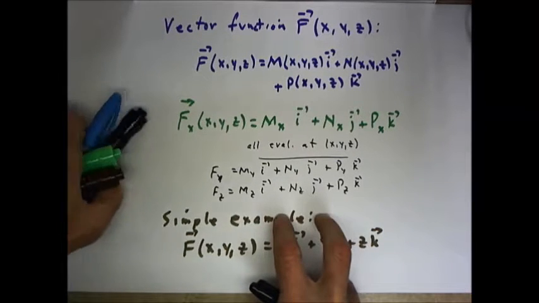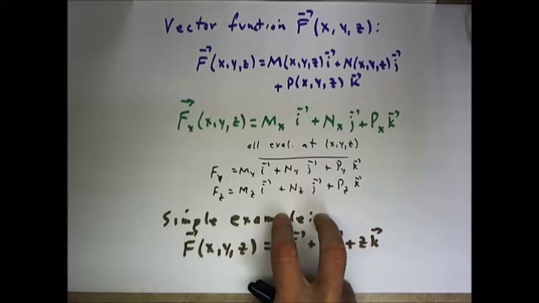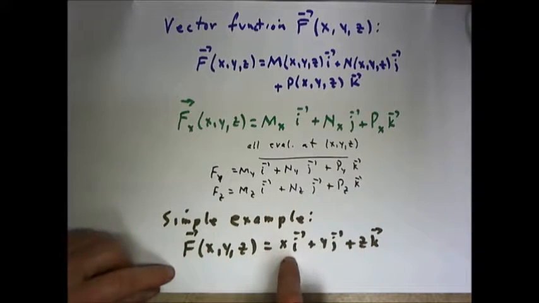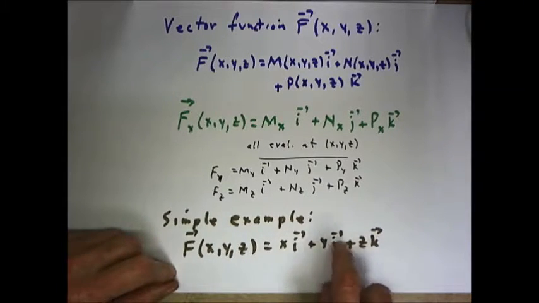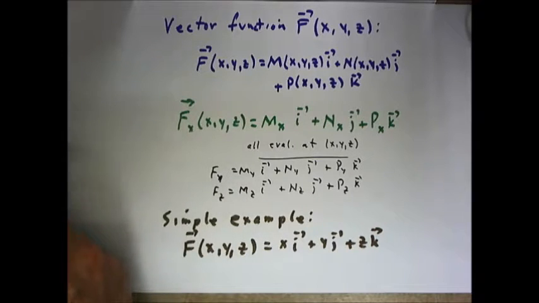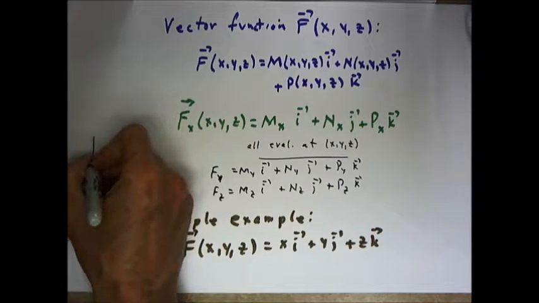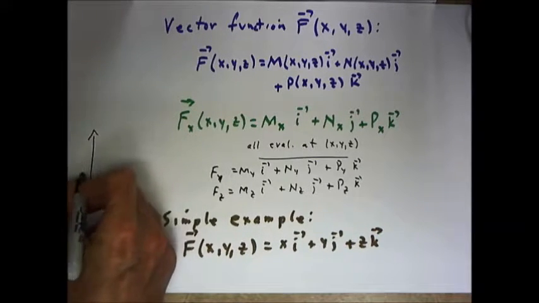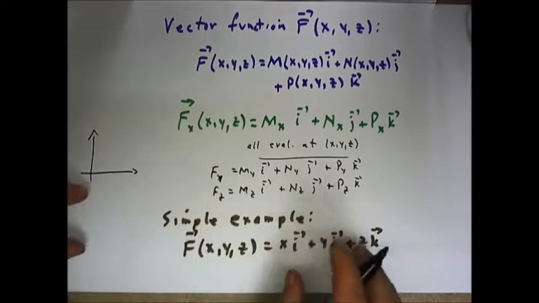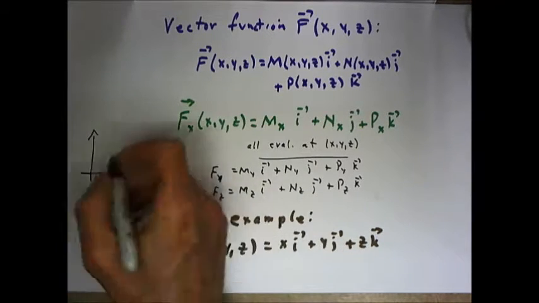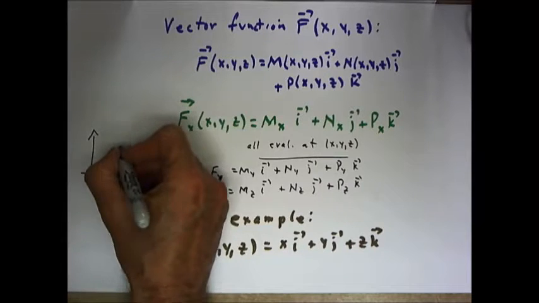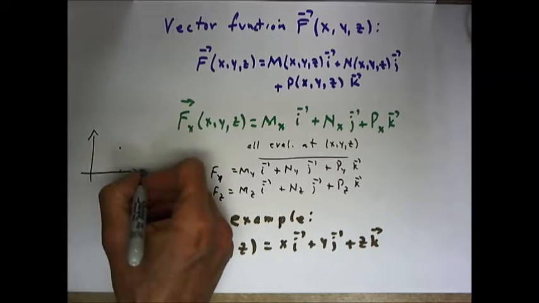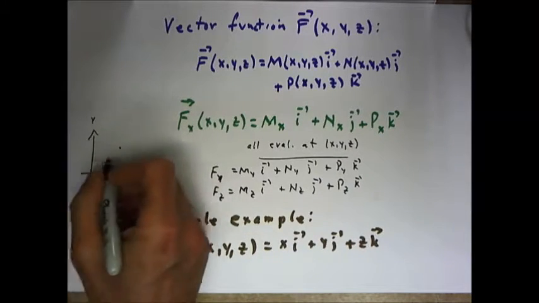Now this vector function is going to have a value. It's going to be a vector that's simply equal to the vector from the origin out to the point x, y, z. So if we graph the function at a point x, y, z, and I'm just going to graph this in 2 dimensions for convenience, but it could be extended to 3 dimensions very easily. So let's just say we're in the xy plane.